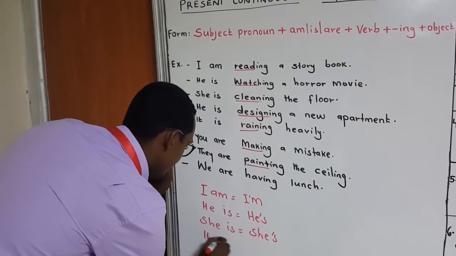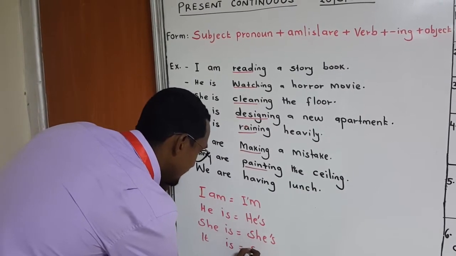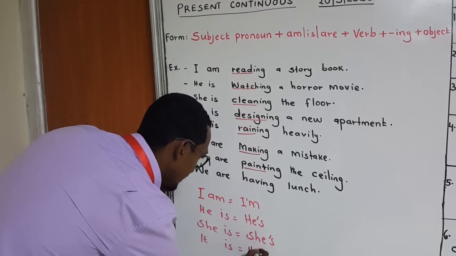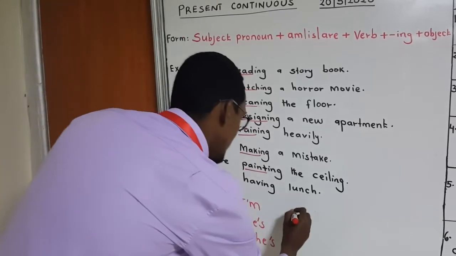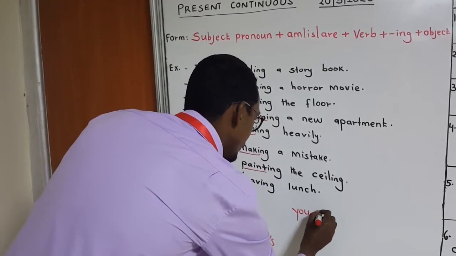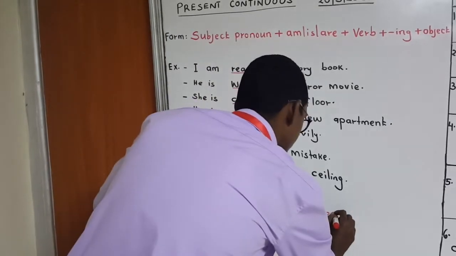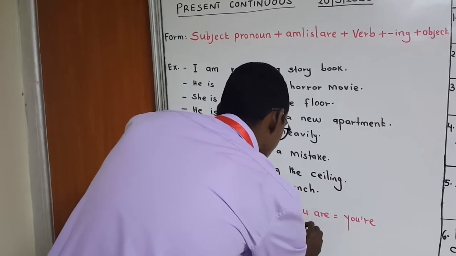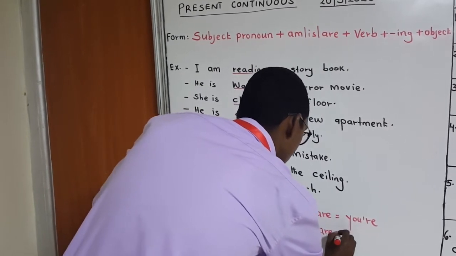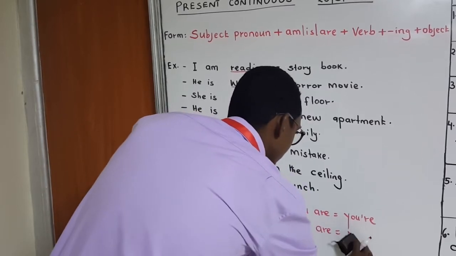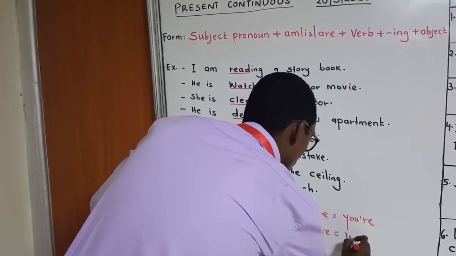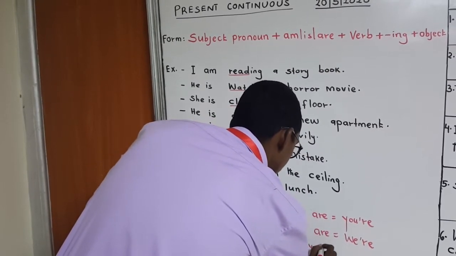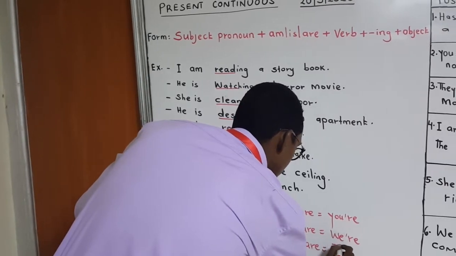And then it is, short form is it's. And then you are, short form is you're. And then we are, short form is we're. And then they are, short form is they're.